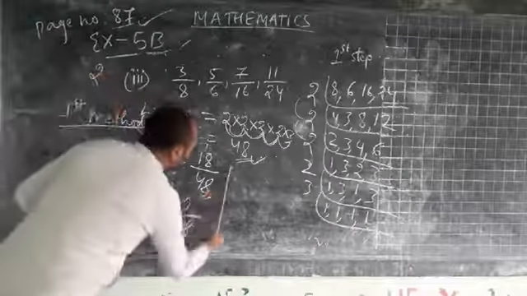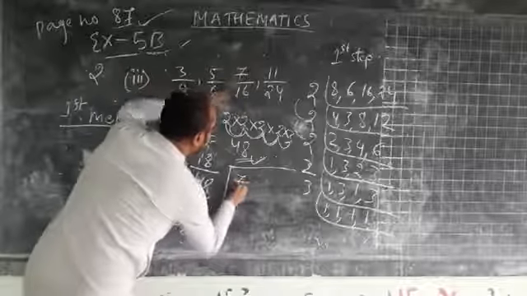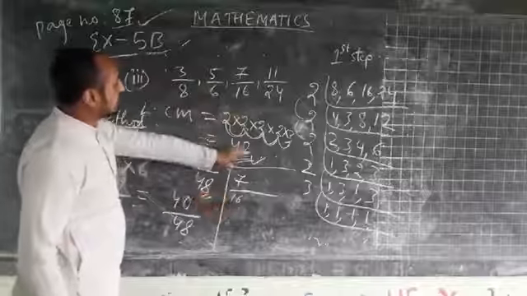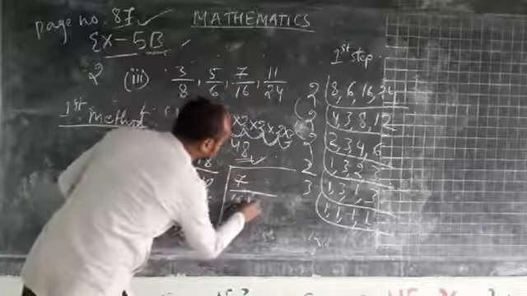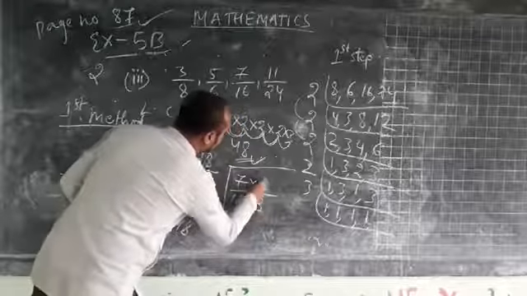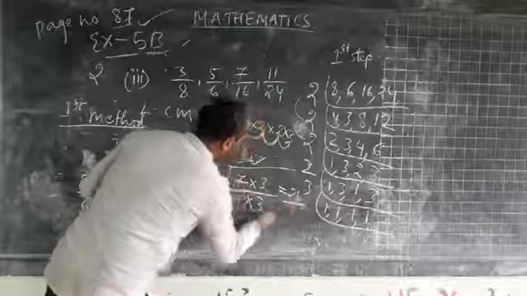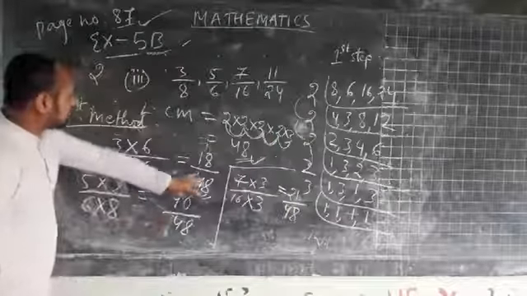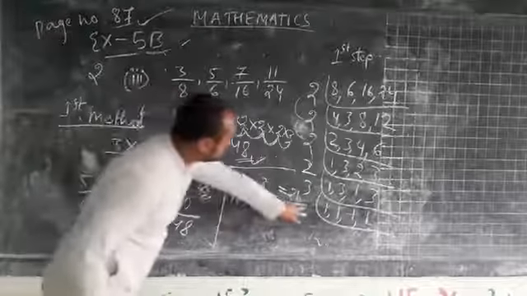Next fraction we have 7 by 16. Here also we have to make the denominator 48. If I multiply with 3, here also with 3, we will get 7 3s are 21 over 16 3s are 48. So in all cases the denominator is 48, 48, here also 48.